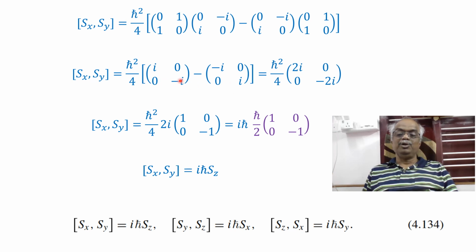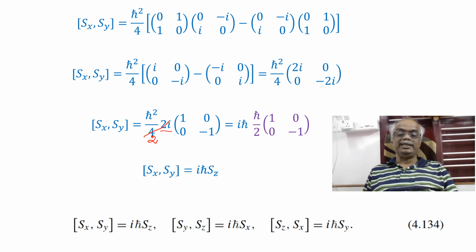Similarly, here you have −i minus i, which is −2i. Now take 2i outside. Then the matrix becomes [1, 0; 0, −1]. Now the 4 and 2 get cancelled, so you get 2 in the denominator, and of course you have one i.